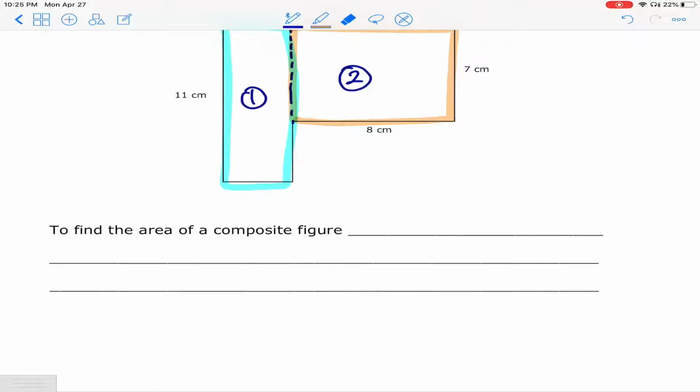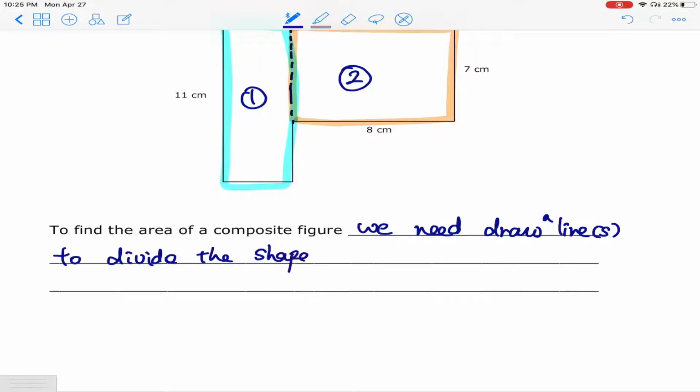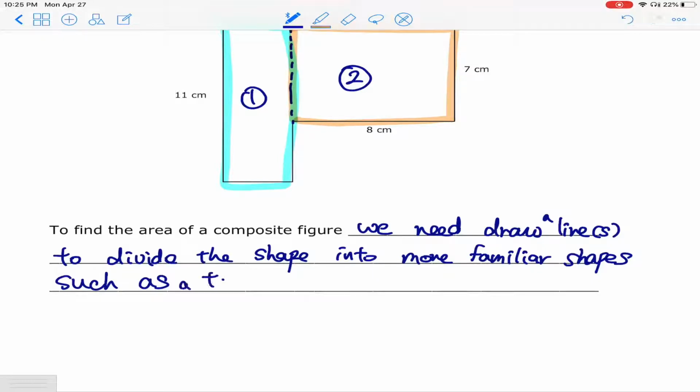So to find the area of a composite figure, all we need to do is we need to draw a line, or lines, to divide the shape into more familiar shapes, such as a triangle and or rectangles.